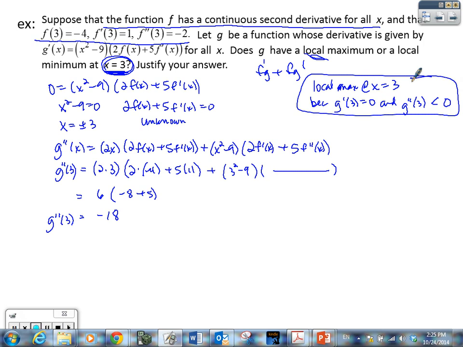Now right here I want to give us a caution. On the AP test, they are very, very picky about naming. If we had written f prime of 3 or used f, we wouldn't have gotten credit for our justification because it's asking about g. So we really need to be cautious about that and not just automatically write f of everything.